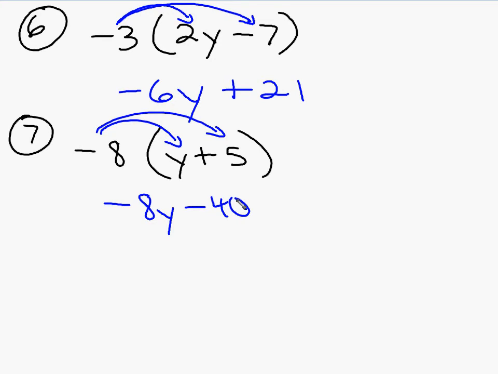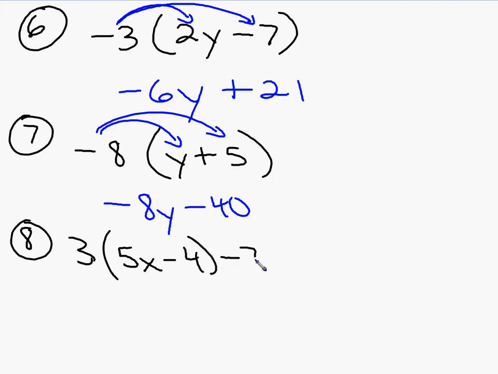Now, you're also going to have some where you have to combine like terms at the end. A problem like this. 3 times 5x minus 4 minus 7 times 2x plus 10.